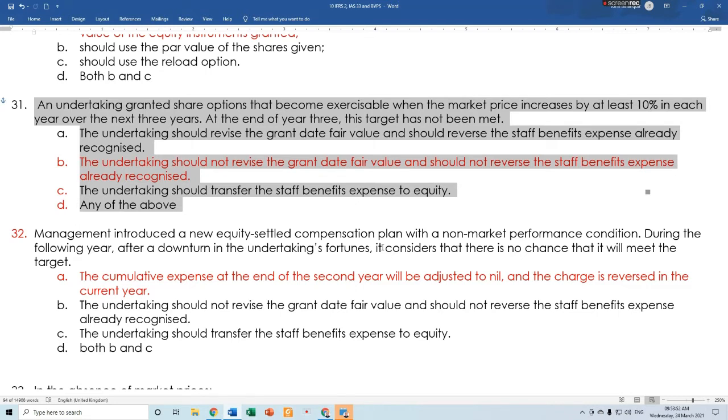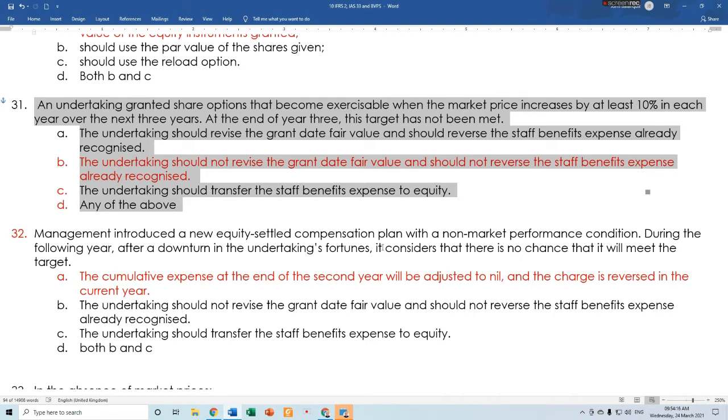The undertaking should not revise the grant date fair value, and should not reverse the staff benefit expense already recognized. Okay? So, ang mangyari, wala kang prior period error or walang prior period adjustment na gagawin. Yung na-recognize na, yun na siya, kasi na-provide mo na yung service na mga yun.